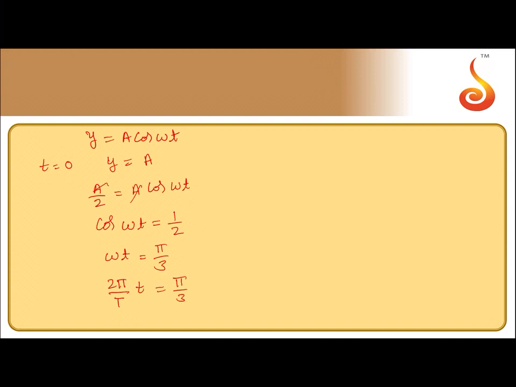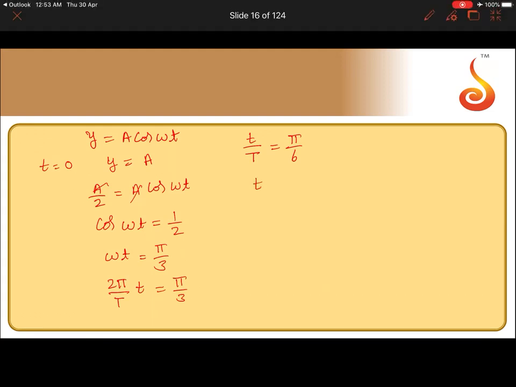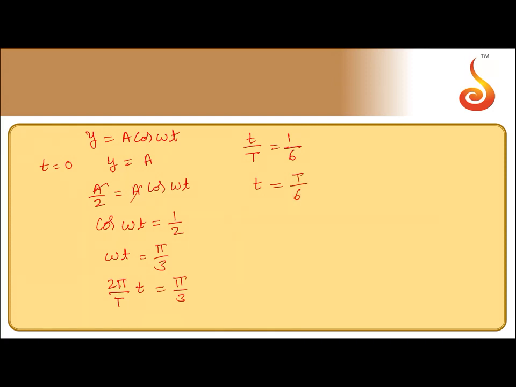You will get t by T is equal to 1 by 6. So it must be 1 by 6. So t should be equal to T by 6. So that is option A.